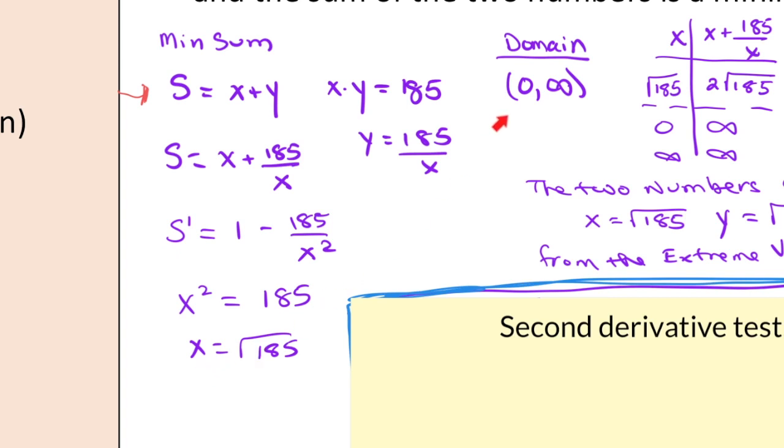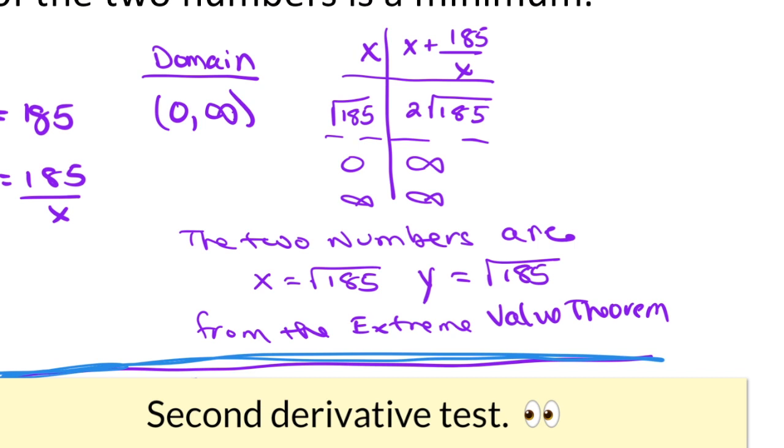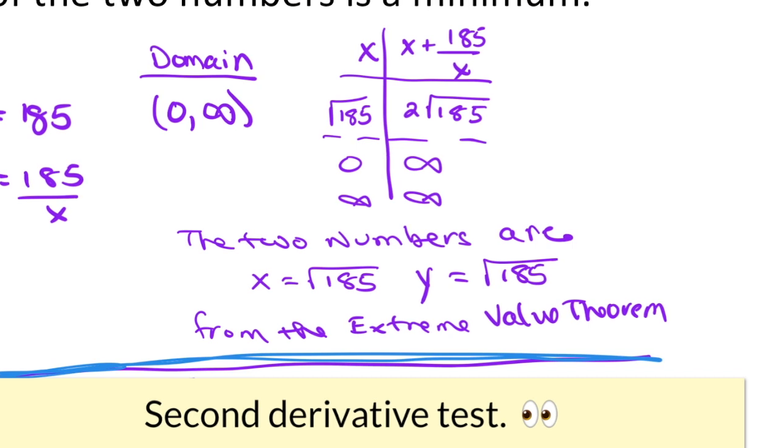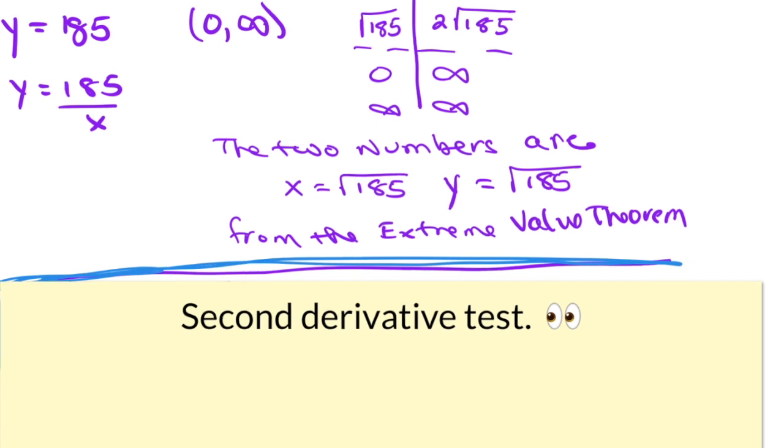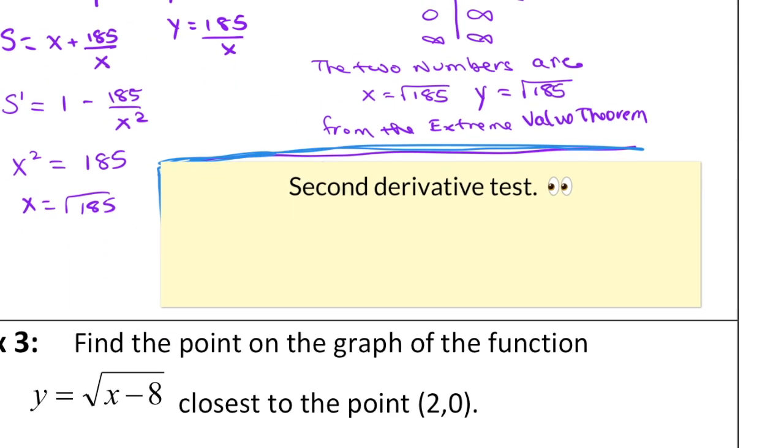These were the positive values, so you went from 0 to infinity. Afterwards, you made your table of values, stated your 2 numbers that had answers for x and y, and then your justification would have been the extreme value theorem. Every optimization problem needs a justification.